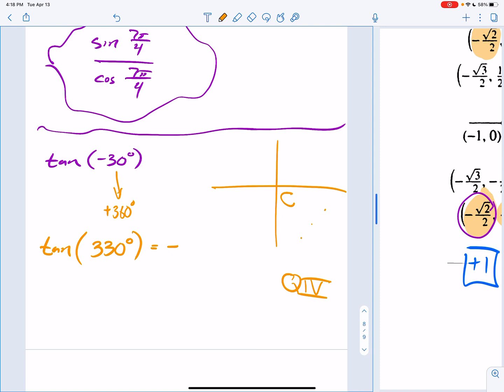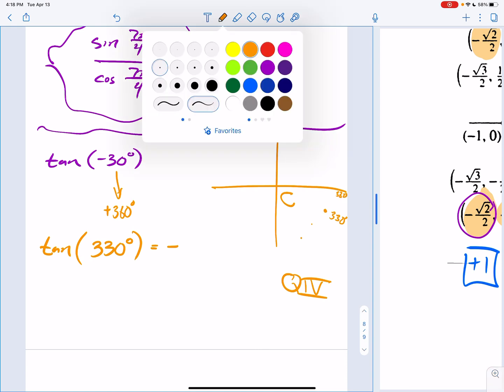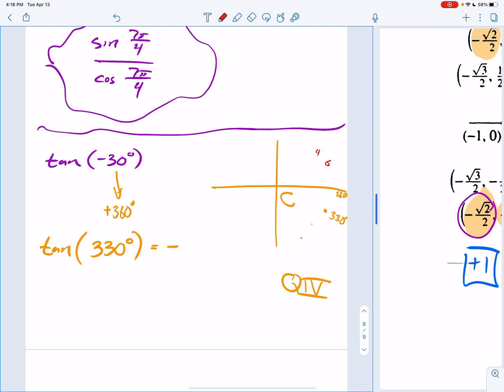All right, here's what you do. 330 is definitely closer to 360 up here. So it's my third point. So in my mind, I'm doing 6, 4, 3, 3, 4, 6, 6, 4, 3, 3, 4, 6.